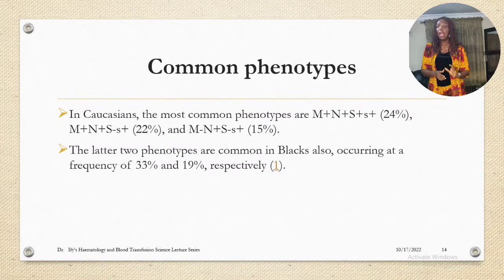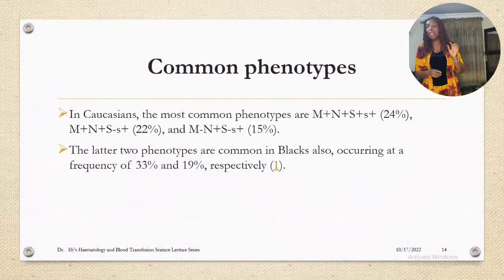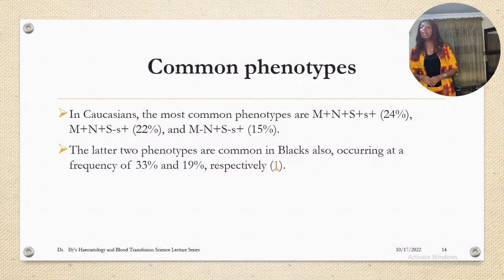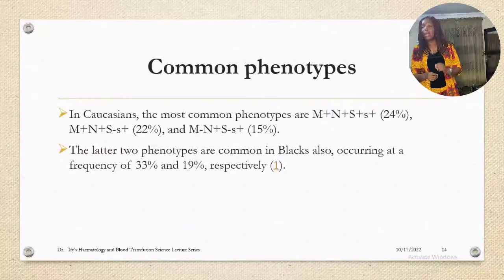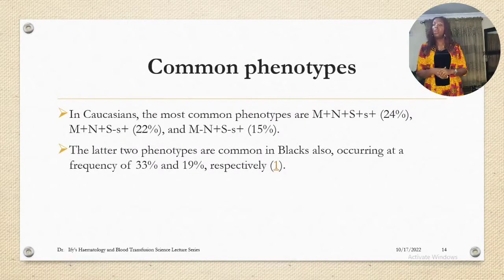Then M plus, N plus, big S minus, little s plus, you have about 22% in Caucasians, and M minus, N plus, big S minus, little s plus, about 15% in Caucasians. The latter two phenotypes are common in blacks also, occurring at frequencies of 33% and 19% respectively.